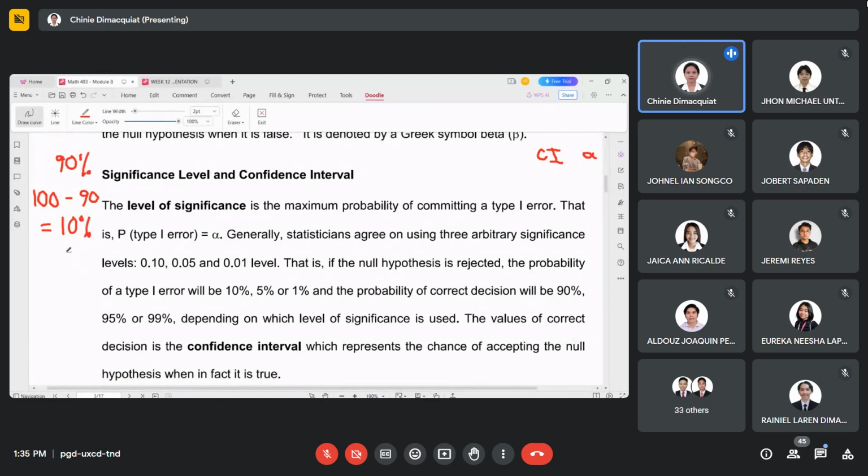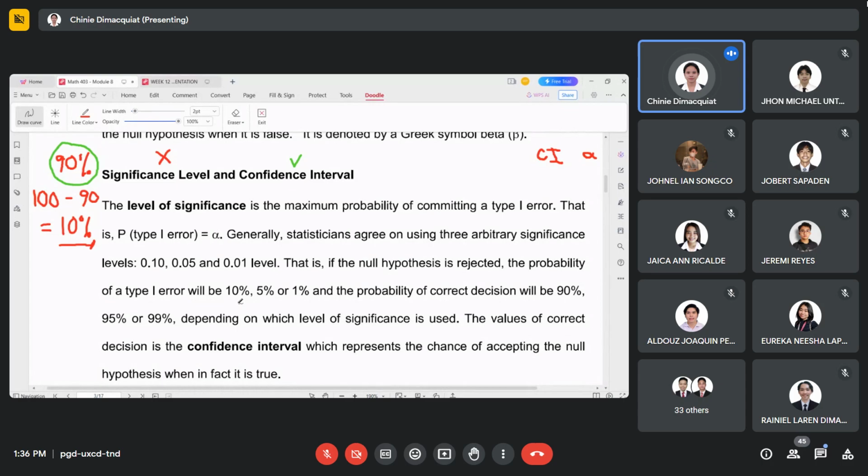And binanggit na itong 10% na to ay probability of committing a type 1 error. Therefore, itong 90% na ito ay yung probability na tama yung decision natin. So, si CI, itong confidence interval, right decision or correct decision. And yung significance level natin, ito yung ating probability of committing an error.